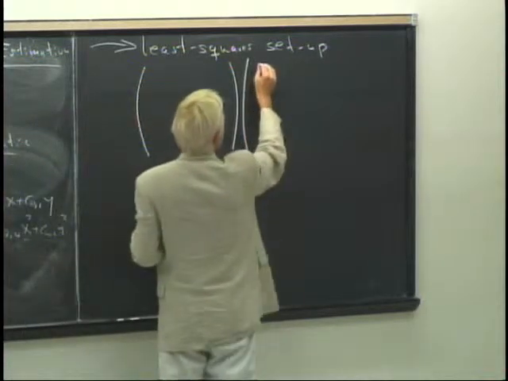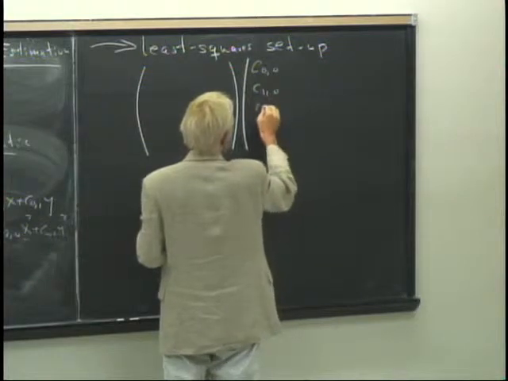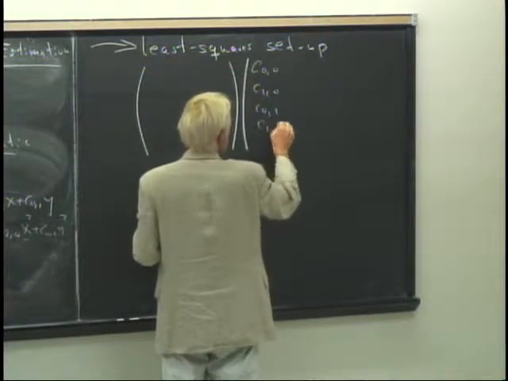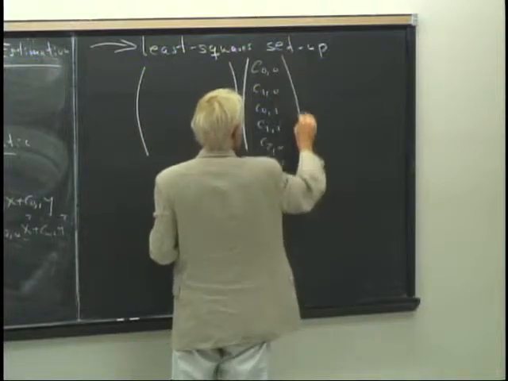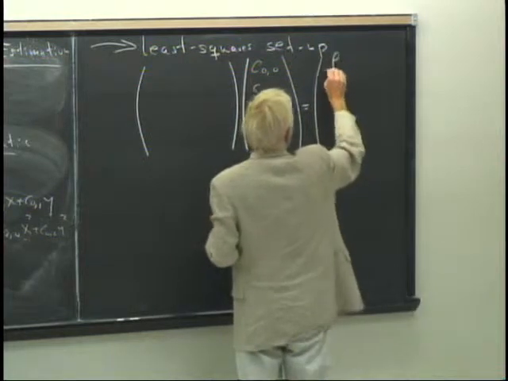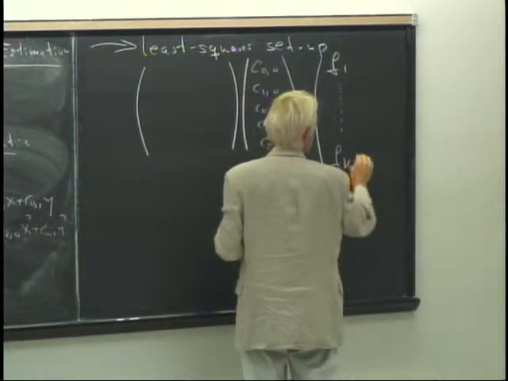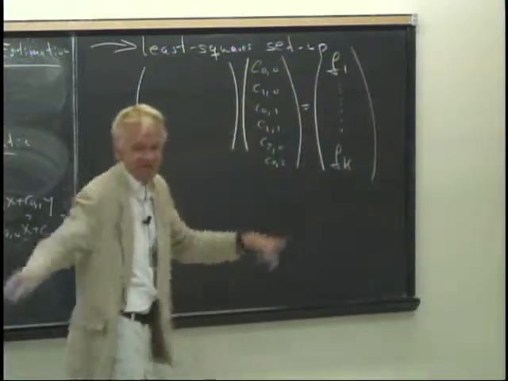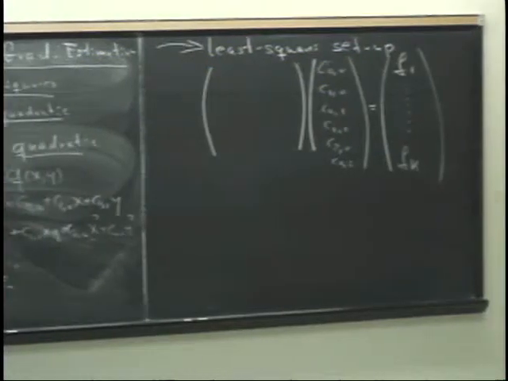So the coefficient vector is c0,0, c1,0, c0,1, c1,1, c2,0, and c0,2. And you want to interpolate those values from F1 up to Fk, where there will be k vertices in this local neighborhood. Here, k is 7 in this particular platelet situation.